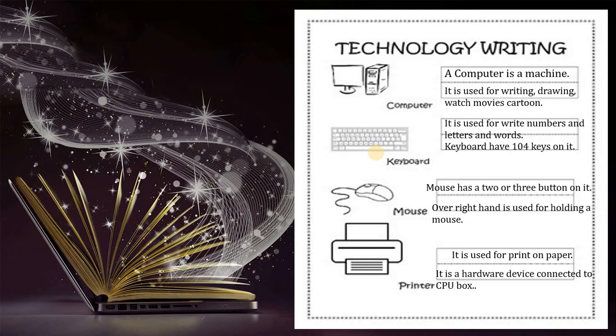Not only the printer but the mouse, keyboard, monitor, and speakers, all these things are connected to the CPU box. So now it's an easy sentence to remember: this device is connected to the CPU box. Printer device is connected to the CPU box.